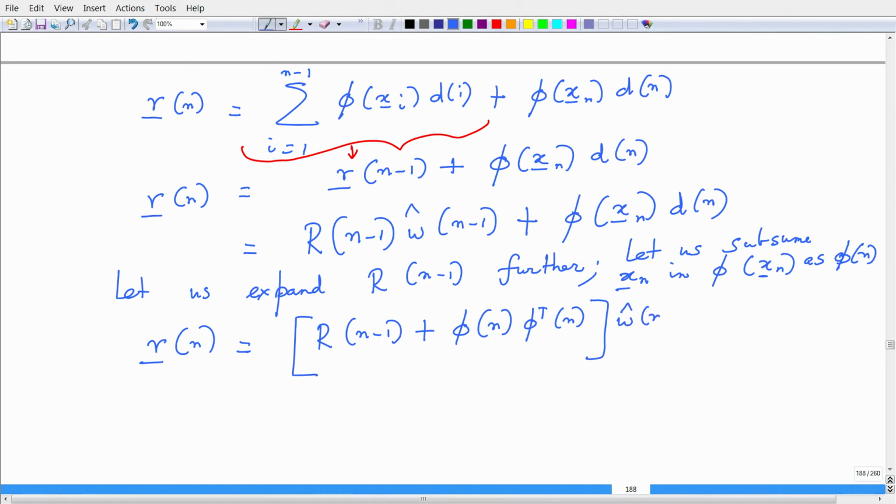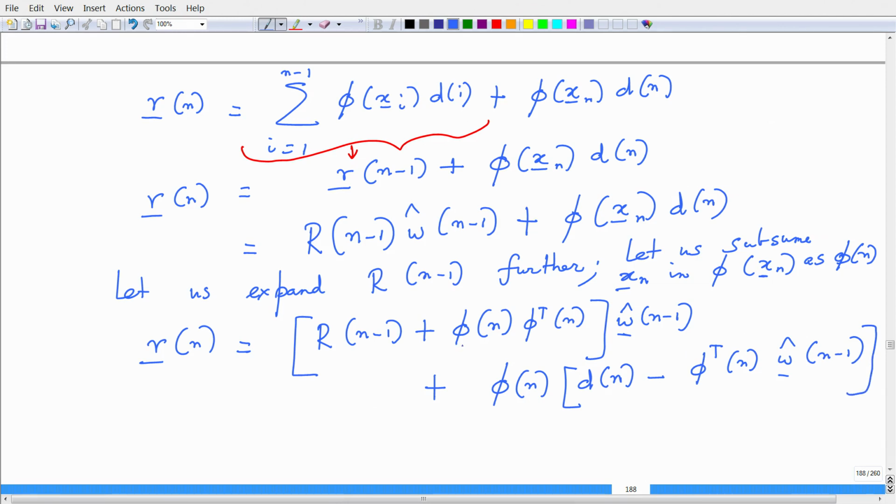w hat of n minus 1 plus, since I have added this I have to subtract it, and what I do is I take phi of n times d of n. Phi of n, d of n is the way it is, but I subtract phi transpose n w hat n minus 1. So, there is a vector here and there is also a vector for phi, and d is a scalar.